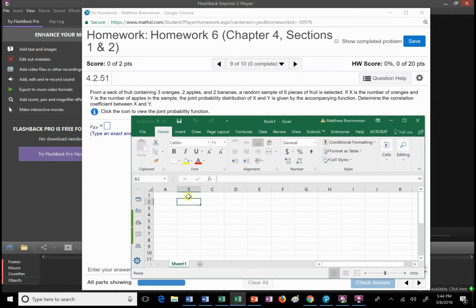So X is the number of apples. I'm sorry, X is the number of oranges. Okay, and we know that can go from 0 to 3. And Y is the number of apples.